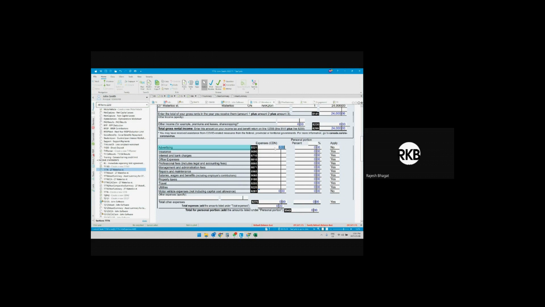So in this case, suppose he has $1,212 advertising. He advertised on realtor.ca asking for tenants. Insurance, $1,715. Interest and bank charges, $43. Office expenses, $247. Professional fees, $500.